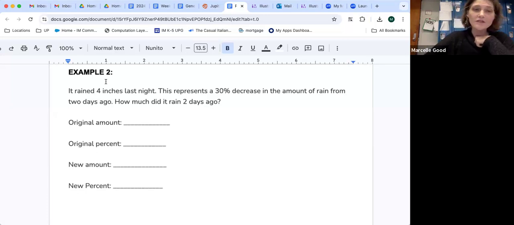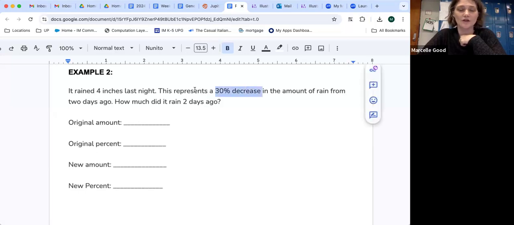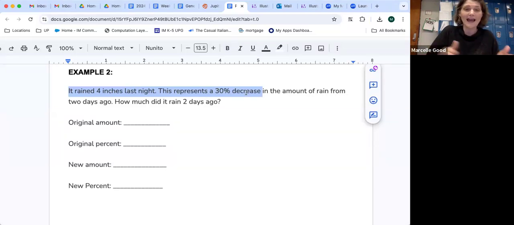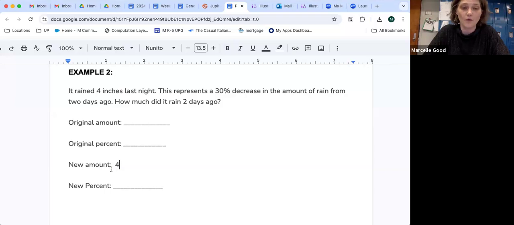So it rained 4 inches last night. This represents a 30% decrease. So this 4 inches of rain is representing the decrease. The 4 inches of rain happens after we have decreased. So our new amount is 4, and our new percent is a 30% decrease.